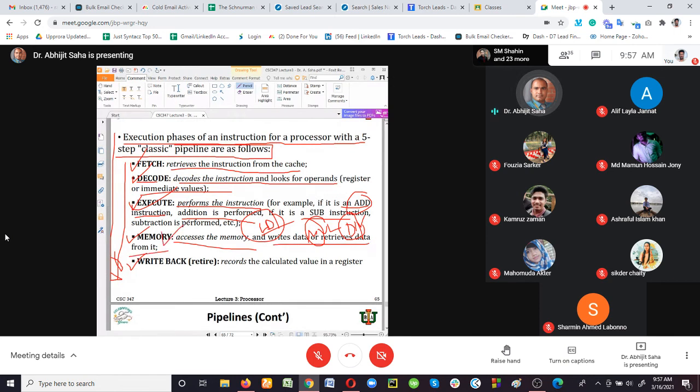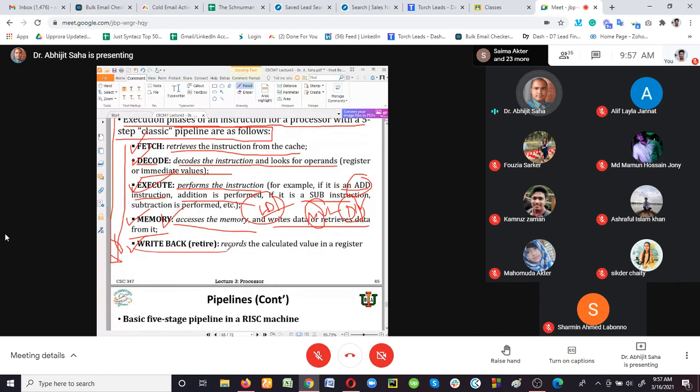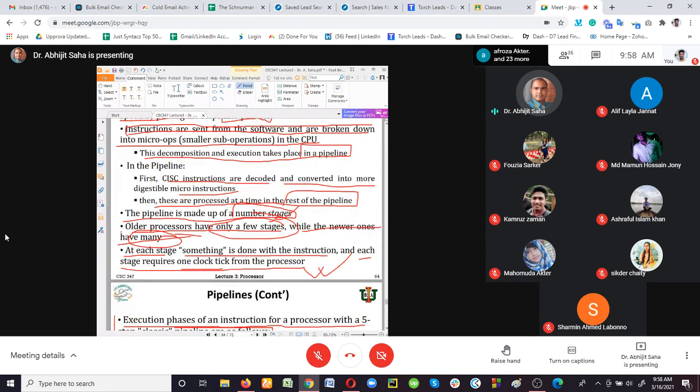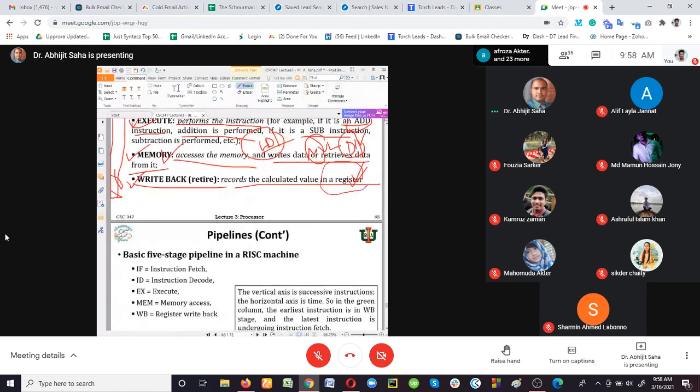This is simply the RAM that you are talking about, and write back information. After the execution, the result of the operations, like adding, subtracting, multiplication or division, is temporarily recorded into the general register.